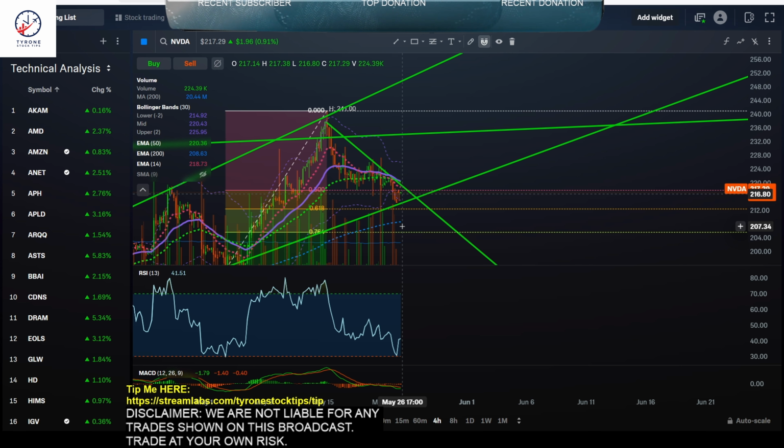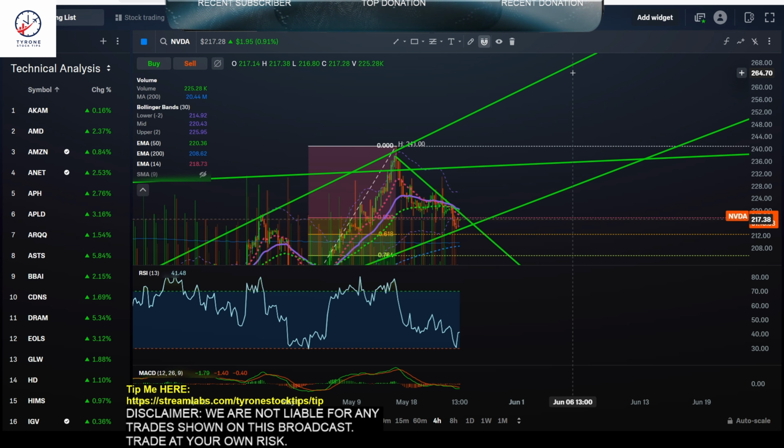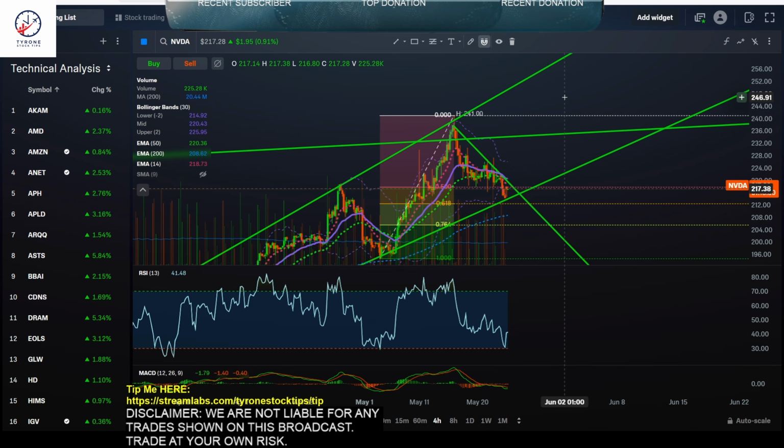So from this channel, it's following the channel to a T. So if it's following this channel to a T, if it bounces back, we're going to 241, and if it goes to 241, what I'm going to do is set a stop loss. So if it keeps going, I could ride the wave until I see it retracing again. And if it retraces again, I'm going to sell and do the same process all over again.